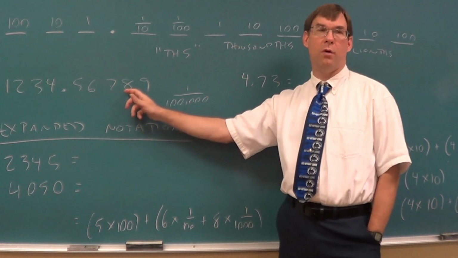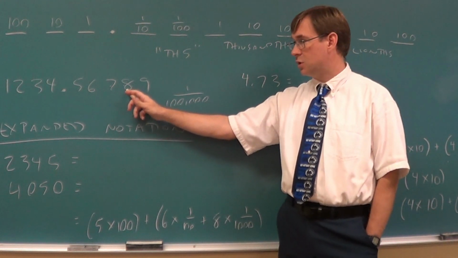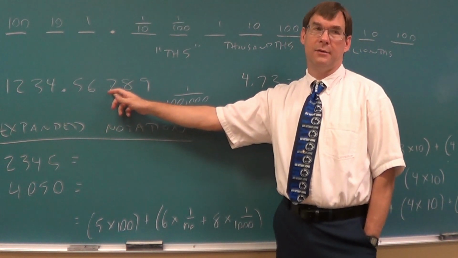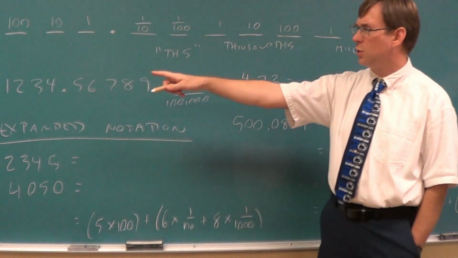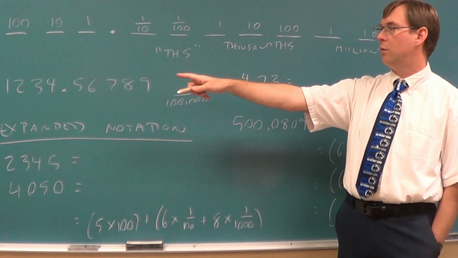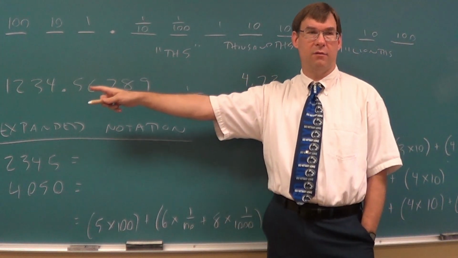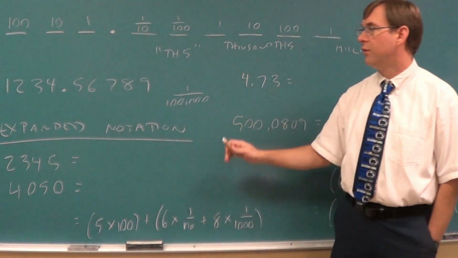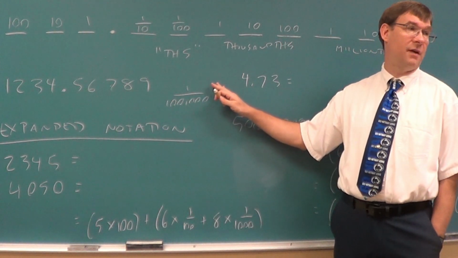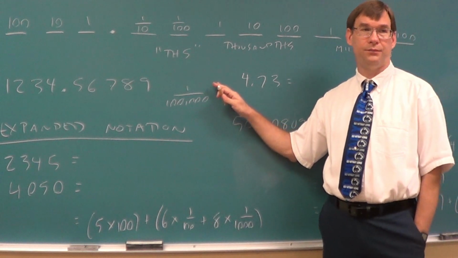What would come right before it? Ten thousandths place. Before that, thousandths place. I think the only one I didn't mention was the one at the very left. What would the one place over there be? That's the thousands place. Any questions about just identifying basic places?